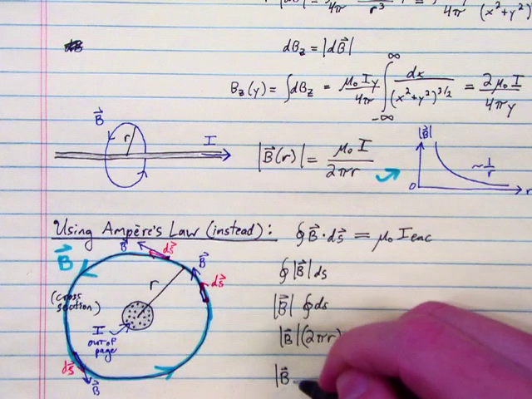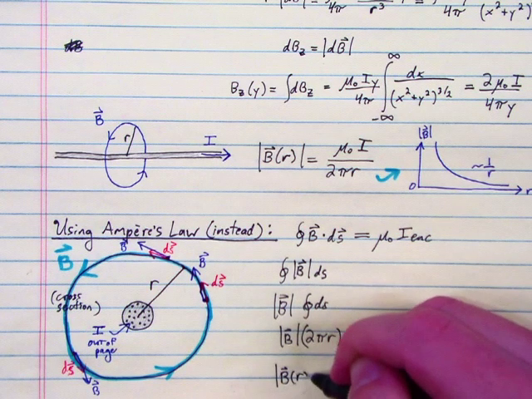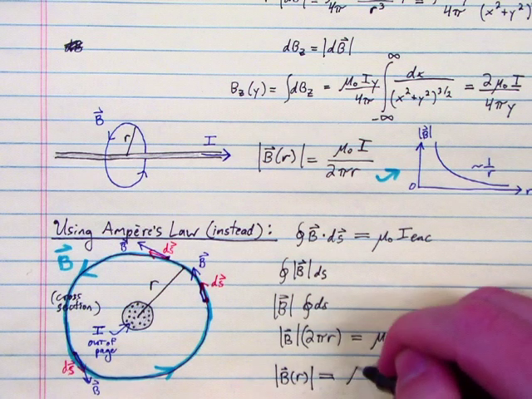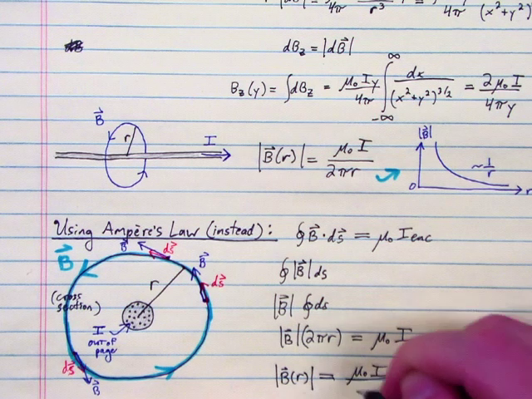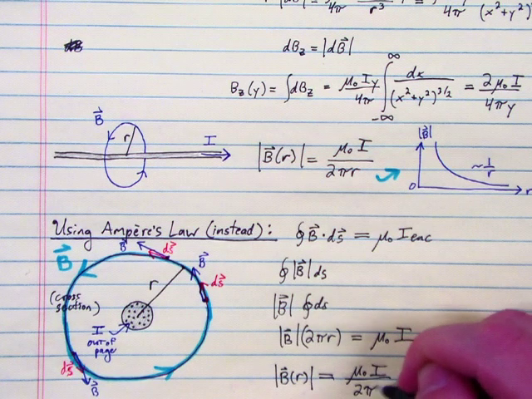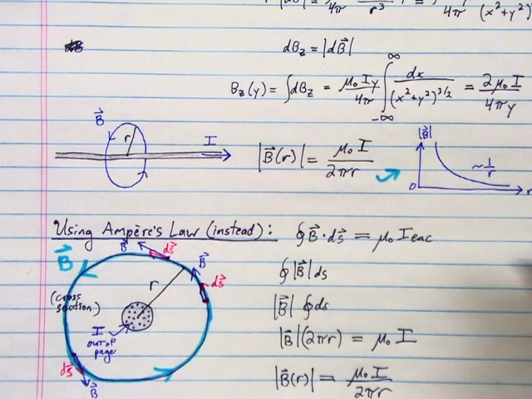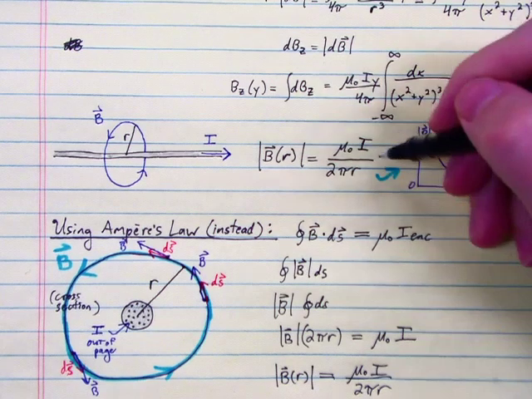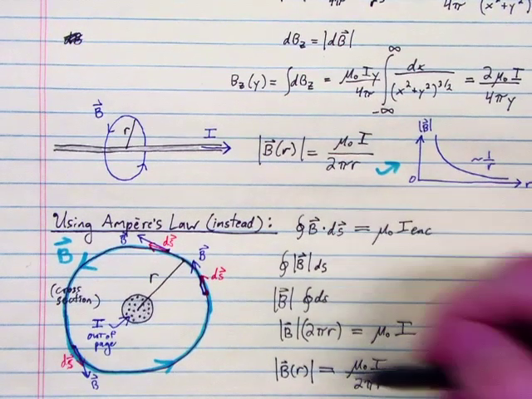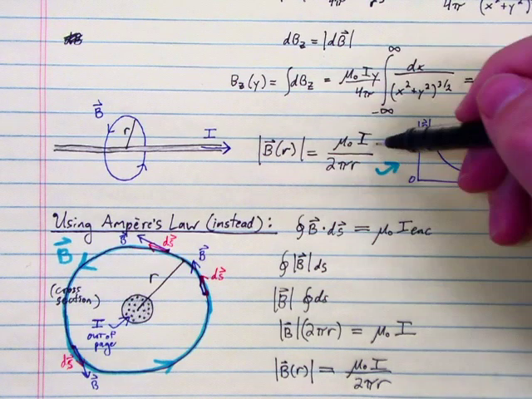And we get that our B field strength as a function of little r, distance from the center of the wire, is mu naught I over 2 pi r, identical to what we found from the Biot-Savart law up here, but I dare say we got this result with much less effort than it took to get this result.